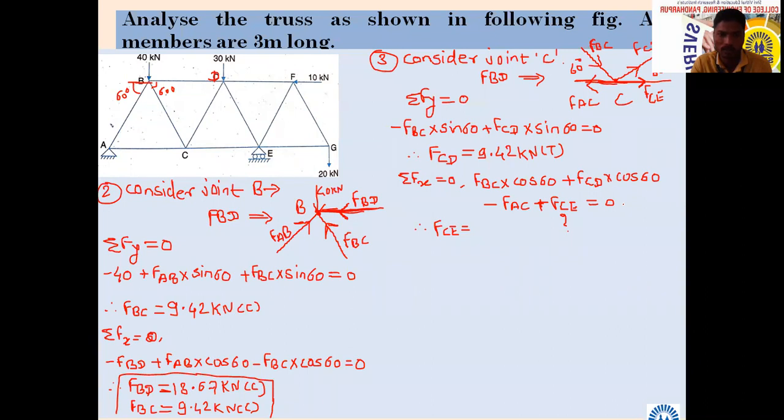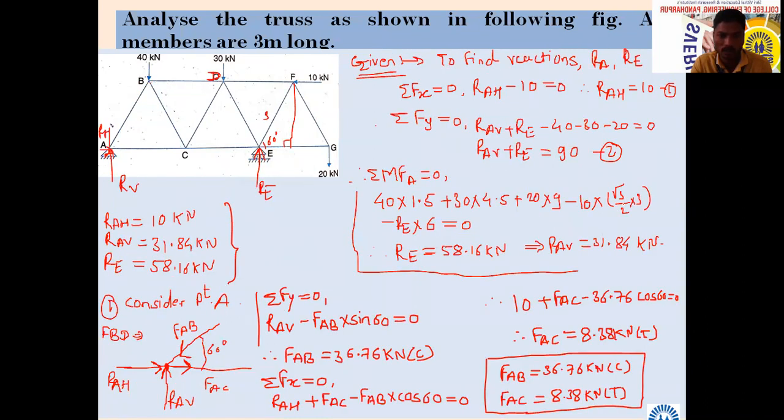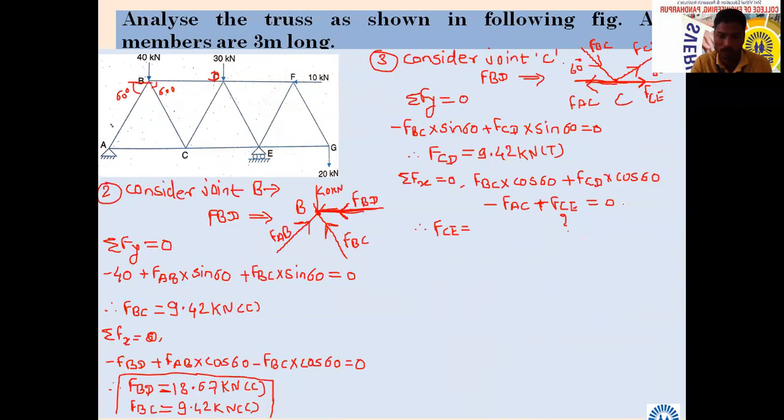Have we calculated FAC? Yes, in the last slide. FAC 8.38, minus 8.38. And we just have to change the sign. Just check how much it is coming. 1.04.